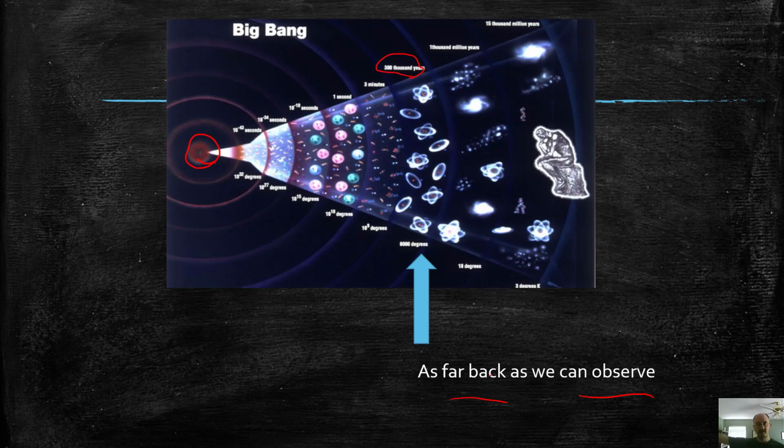As we look further out into space, we look further back in time, and we can see to about 300,000 years after the Big Bang. We cannot see this far back. I just think that's really cool that we can even see that far back.